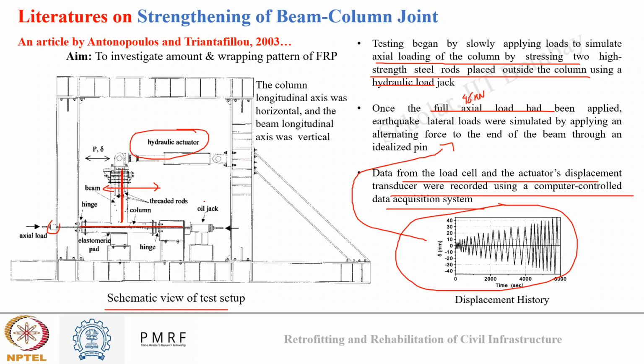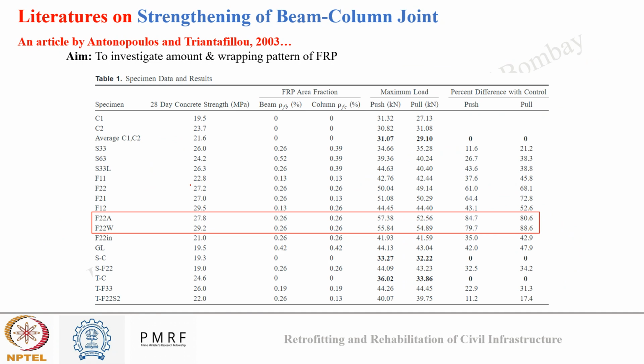So first the axial load was applied on the column till the maximum limit, and then the seismic load was applied on the beam. For different specimens, how much maximum load each was able to take in push and pull was recorded. You can see F22A and F22W were able to take the maximum load.